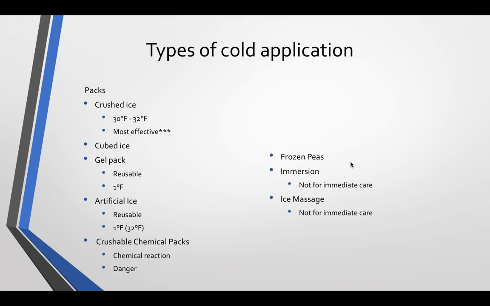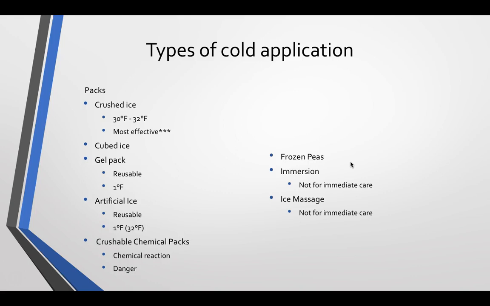You can really customize the size of the bag that you make to the injured body part. And unless it's applied for hours and reapplied and continuing to refresh, there's not really a risk of frostbite. Again, because that temperature gradient is going to hover and kind of even itself out, as long as we don't continue to over apply ice, using true crushed ice, we're not going to have risk of frostbite.